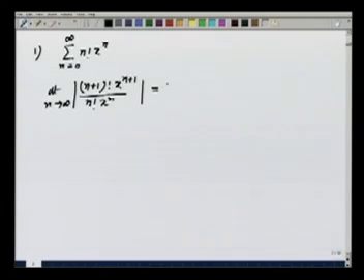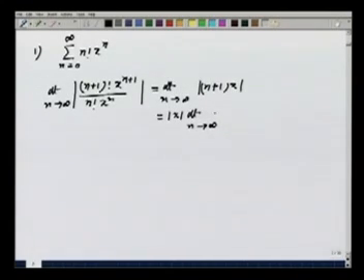Then what I get is limit n going to infinity of modulus of (n plus 1) times x. Notice my x is fixed, so it can be taken out of this limit. So it is mod x times limit n going to infinity of (n plus 1). Now this limit will certainly be infinite.